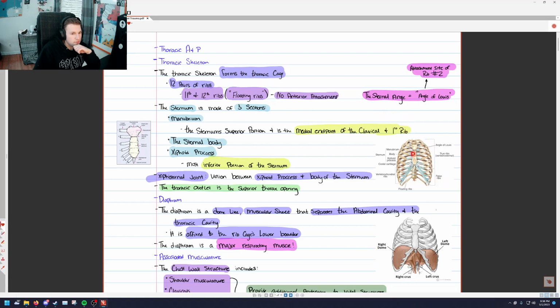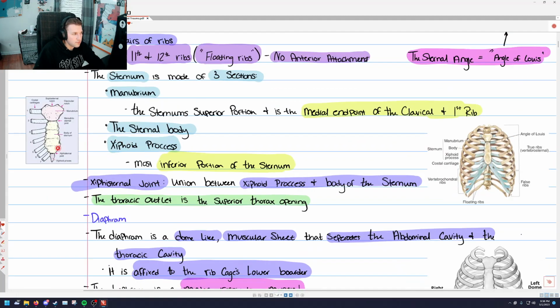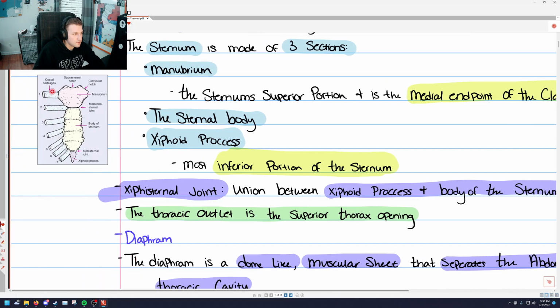So we have different areas within our sternum that are going to be pretty important to know, at least for FISDAP. We have our suprasternal notch, we have our manubrium, we have the body of the sternum, and we have our xiphoid process, which is going to be the lower portion right here. And then this right here is going to be deemed as our angle of Lewis.